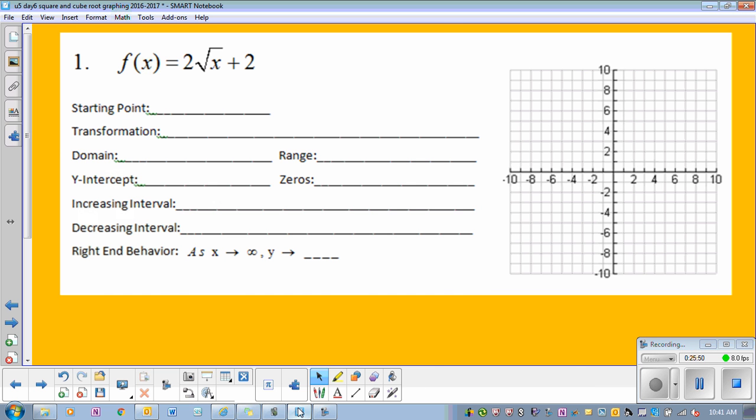Okay. So I'm going to draw a little table over here for myself. 0, 2. What is the next point that I can use? 1, 4. Thank you. And then? 4, 6. And I feel like there's one more. 9, 8.